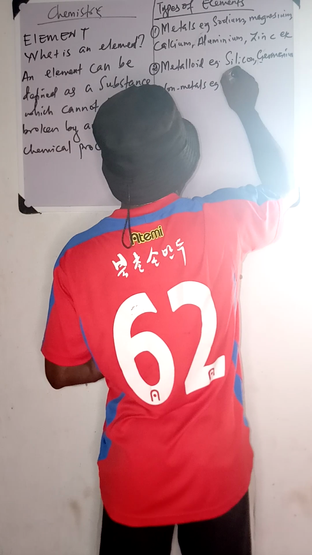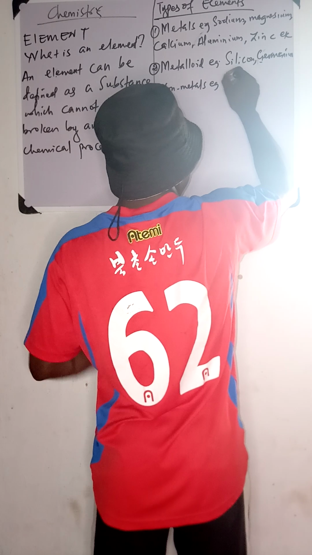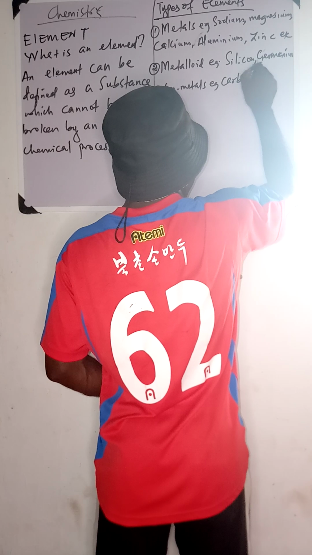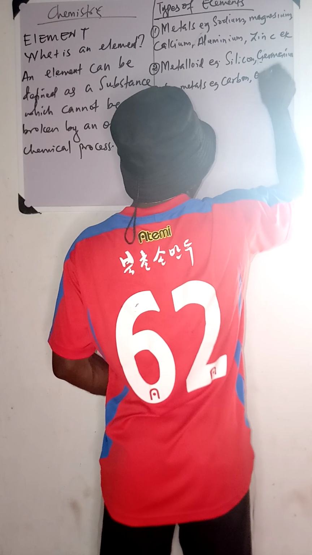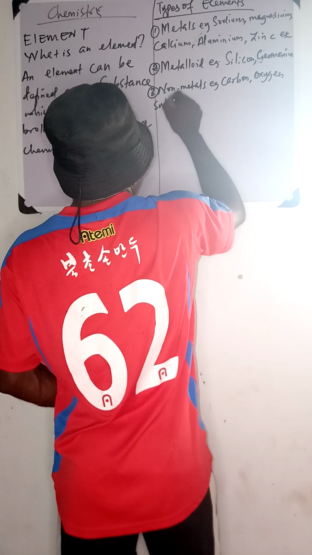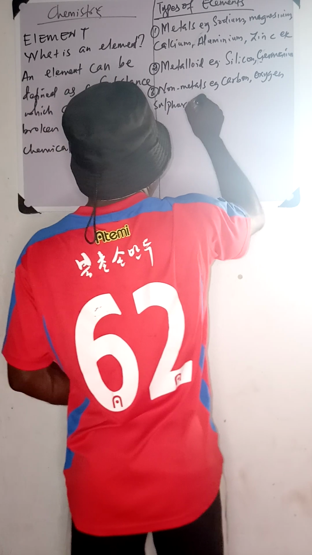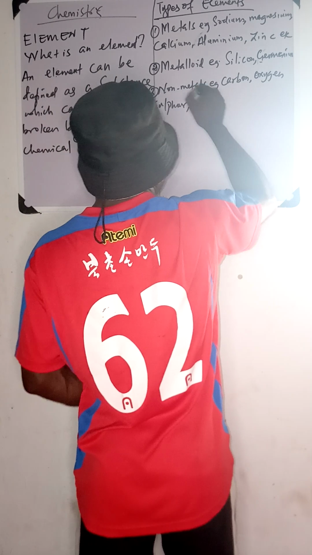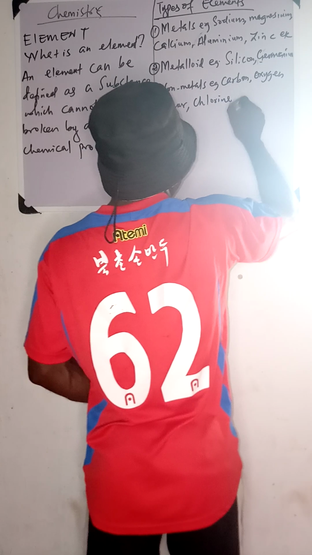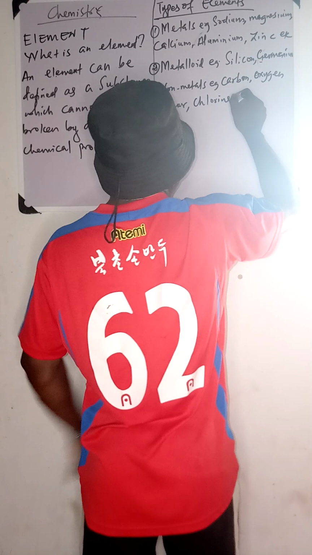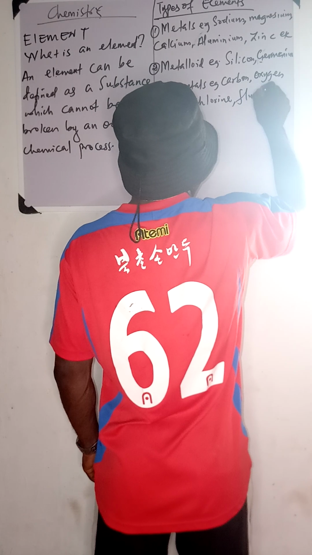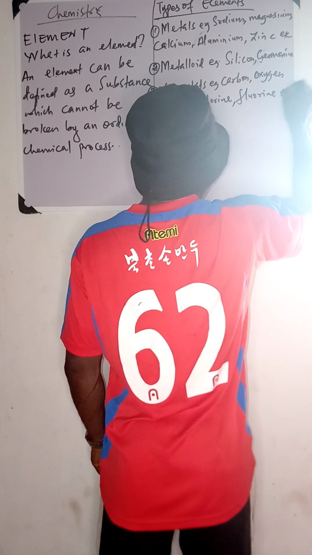Examples, let's talk about the common ones: carbon, oxygen, sulfur, phosphorus. Talk about halogens like chlorine, etc.